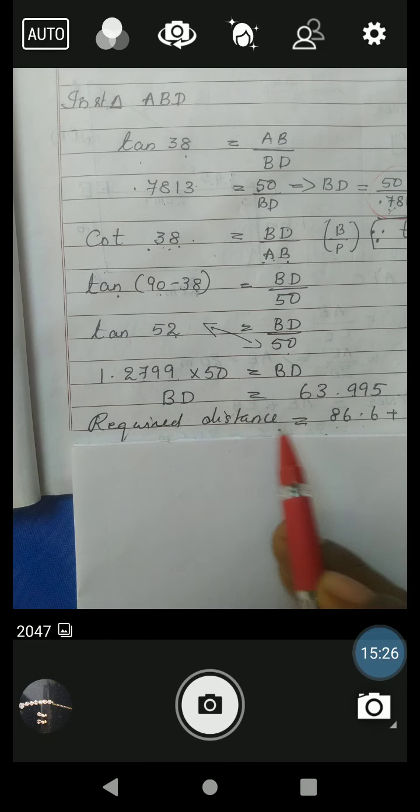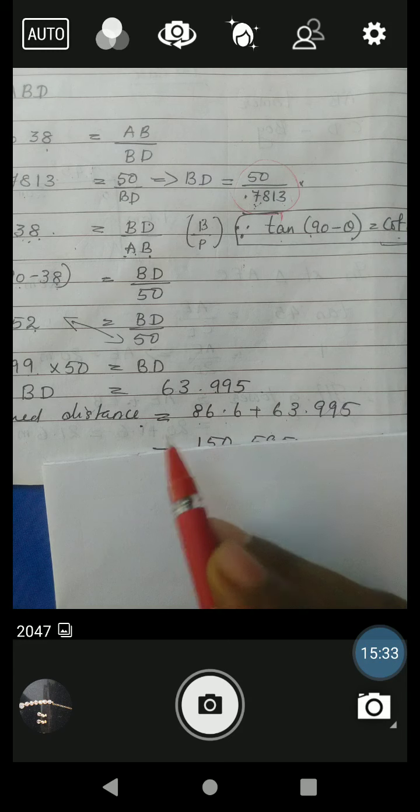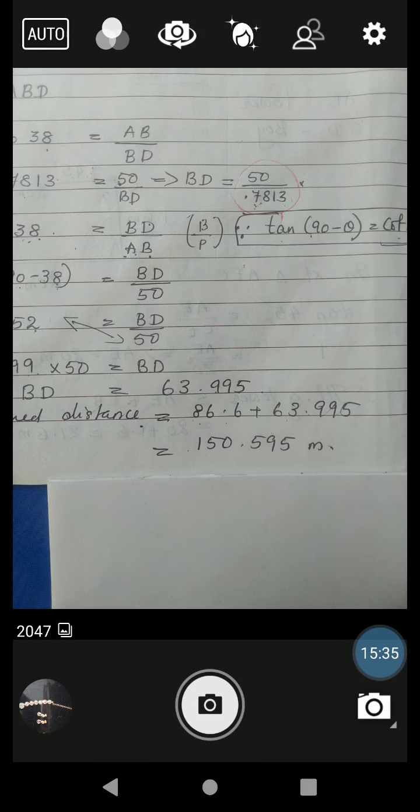Therefore, the required distance is CB plus BD. So just add these two. We'll get the distance between the two men as 150.598 meter. So in this way you can do the questions from height and distance.